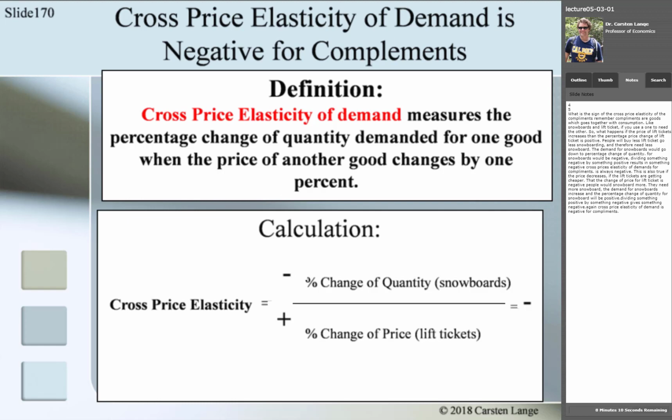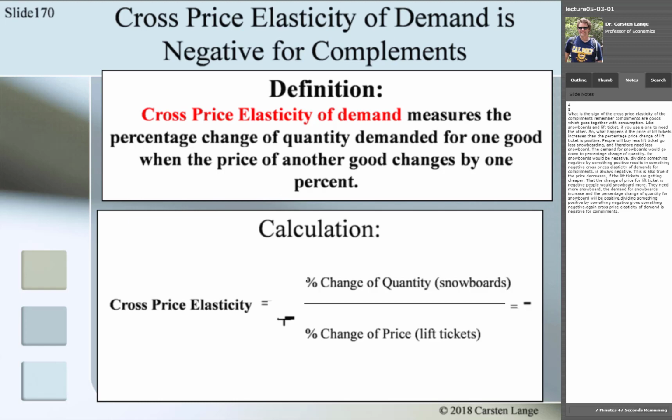The percentage change of quantity for snowboards would be negative. Dividing something negative by something positive results in something negative. Cross-price elasticity of demand for complements is always negative. This is also true if the price decreases.